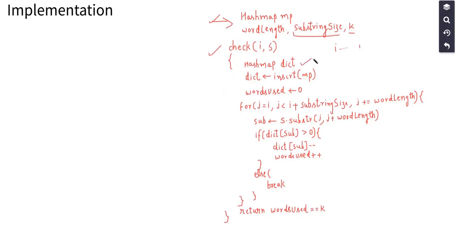So here we take a temporary hash map, and we copy the values of the global hash map into this temporary hash map. Then we declare a variable words used, which will count the number of words which we used to generate the particular substring.